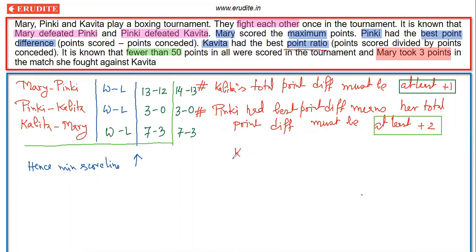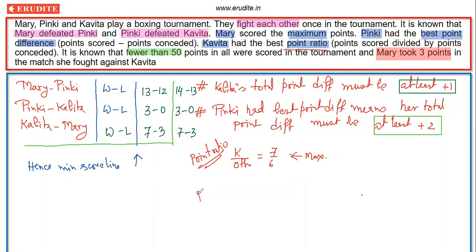So Kavita by others, I am getting 7 by 6 for considering point ratio. This needs to be maximum.